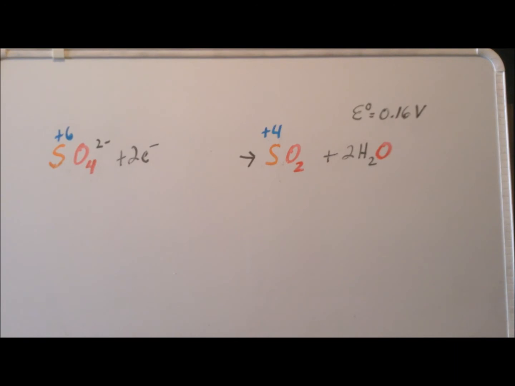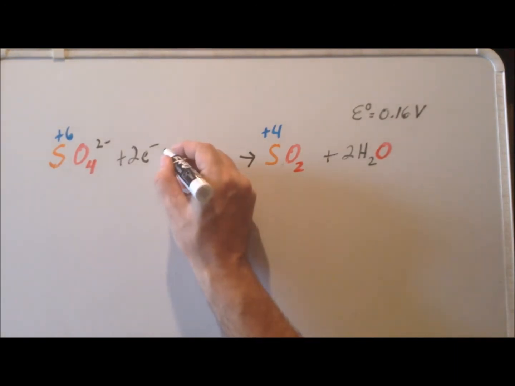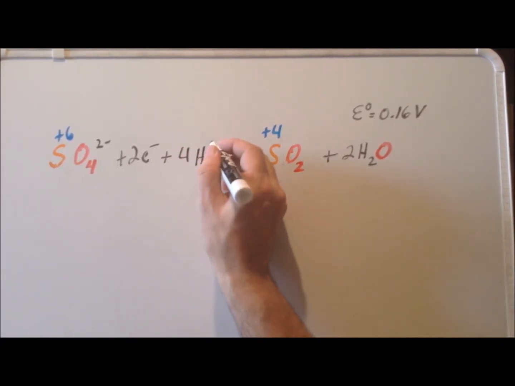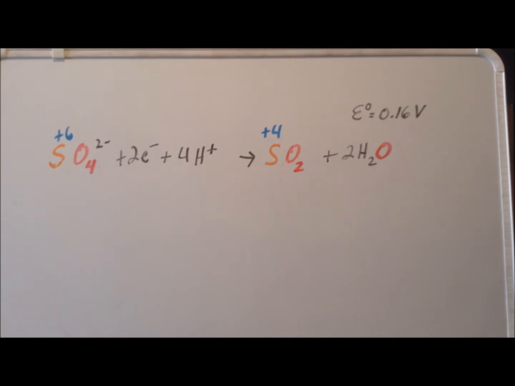Last but not least, we know that we have 4 hydrogens we have to account for, and we account for them in acidic solution by introducing them as H+, as a proton. And if we do this, we know that on the left-hand side, the overall charge now is 0. The right-hand charge is 0. And we have the balanced reaction for the direct reduction of sulfate to sulfur dioxide in acidic solution.